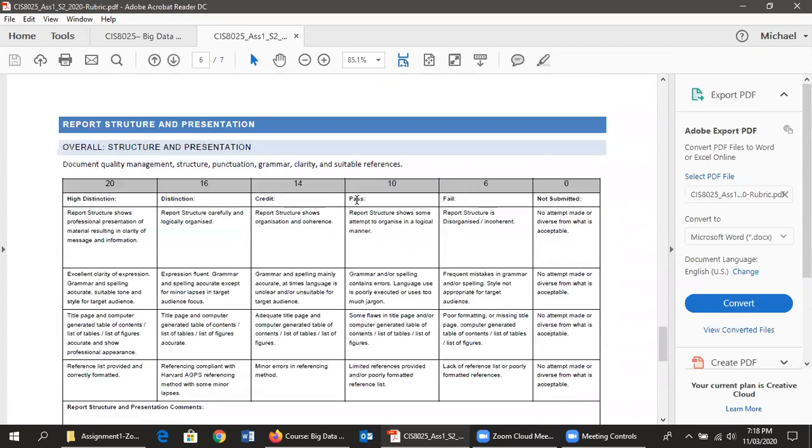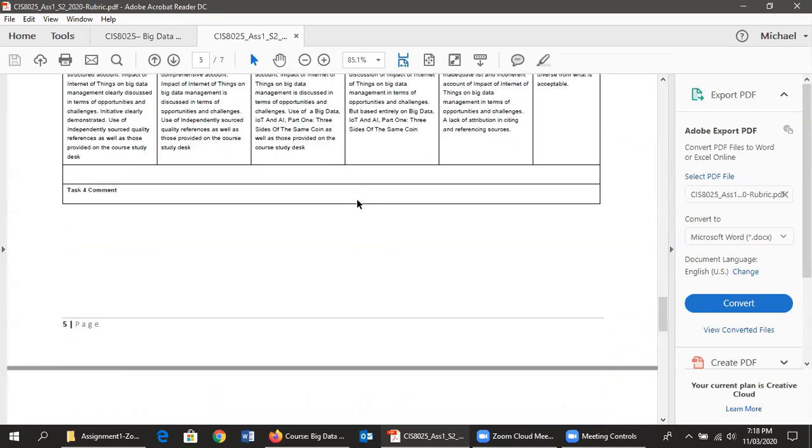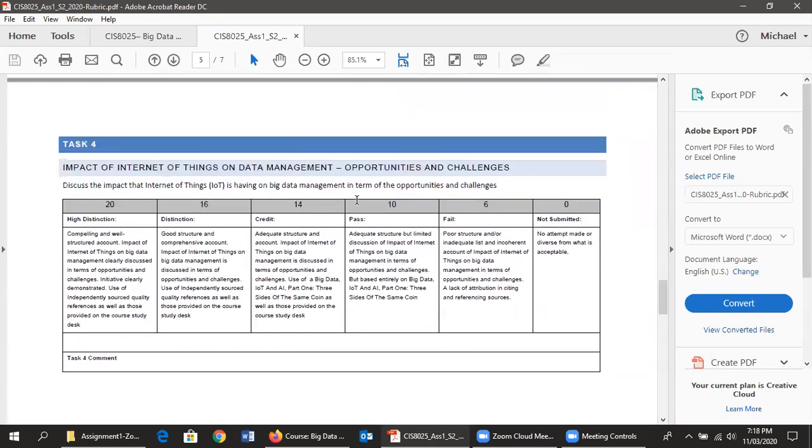That's to give you some guidelines in terms of where you're going to fall.